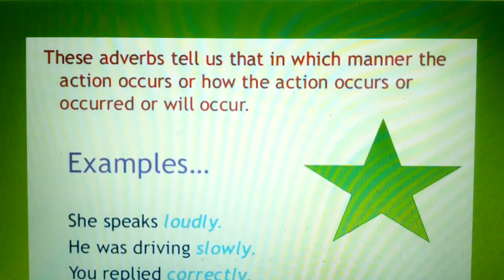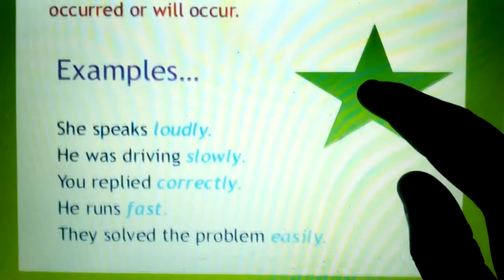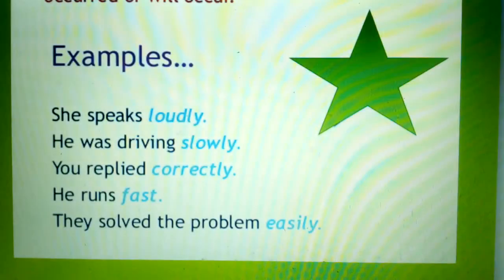These adverbs tell us in which manner the action occurs or how the action occurs or occurred or will occur. And the examples are she speaks loudly, he was driving slowly, you replied correctly, he runs fast, they solved the problem easily.